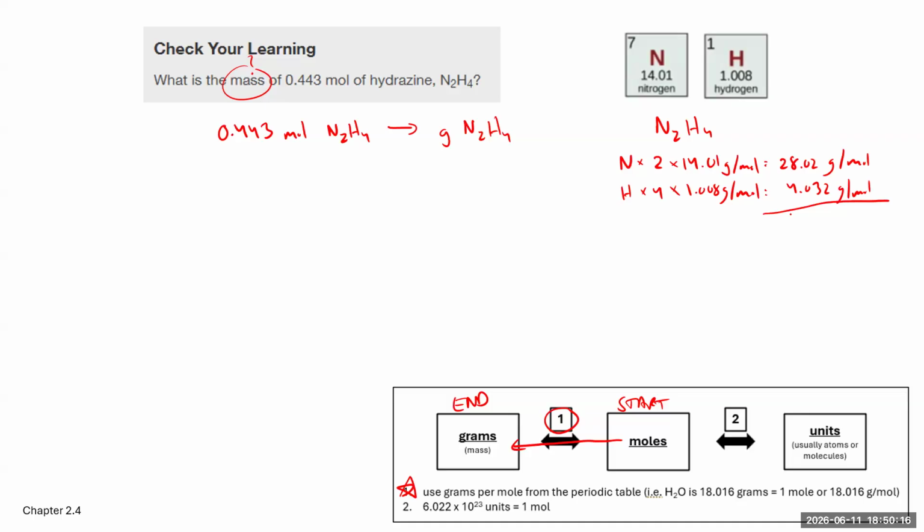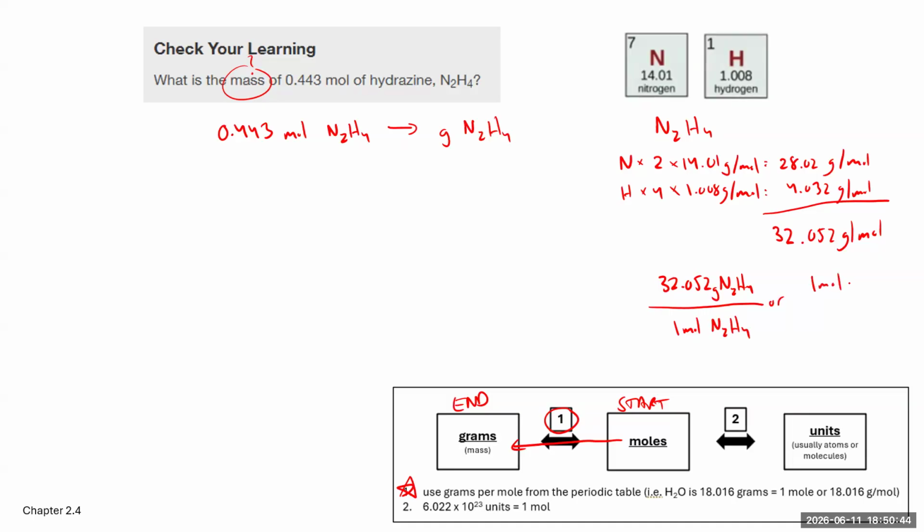So that looks like it's going to be 32.052 grams per mole. I may have made a mistake. If I did, please let me know and I'll fix it. All right, so here, let's write it as fractions, 32.052 grams of N2H4 per 1 mole of N2H4.